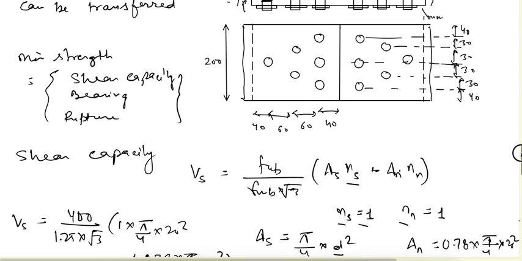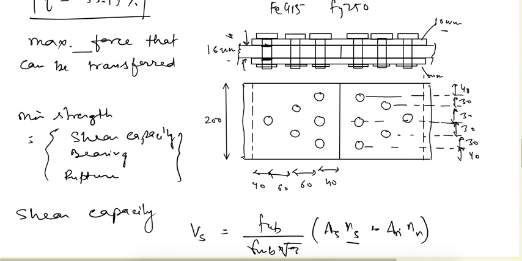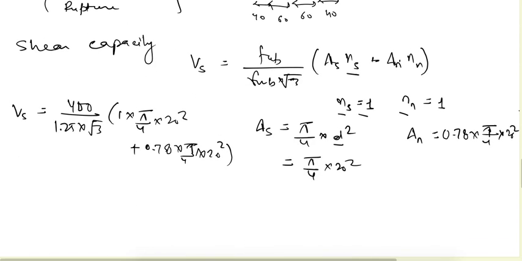Now let's see how many bolts are required if we want this connection to fail. Here we can see if these 6 bolts fail, this part of the plate will come out, or will be separated from the rest of the connection. So it means that 6 bolts are sufficient for this connection to fail, and that's why we will multiply by 6. That is the shear strength of 6 bolts we'll use.